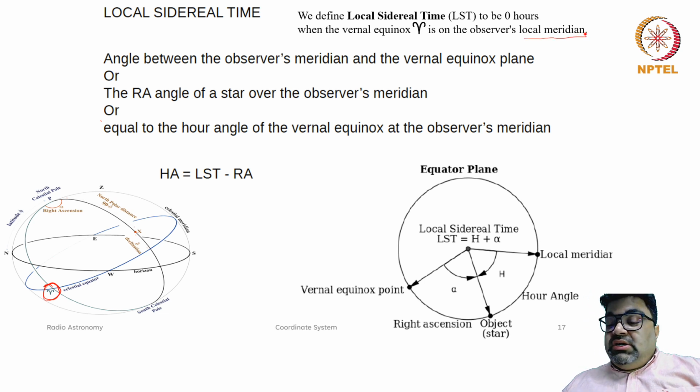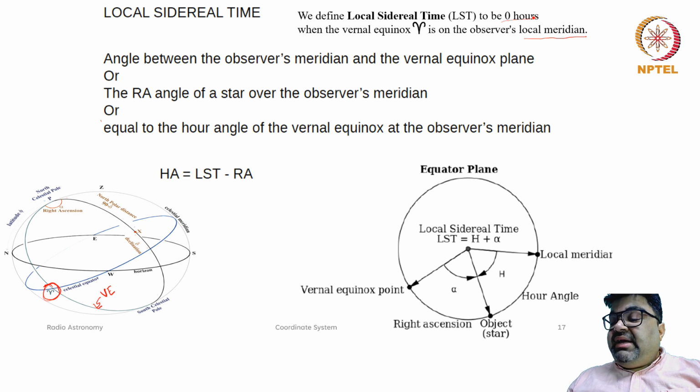Okay, so if the meridian passing through the vernal equinox becomes the observer's local meridian passing through the zenith, then the local sidereal time is counted to be equal to 0.